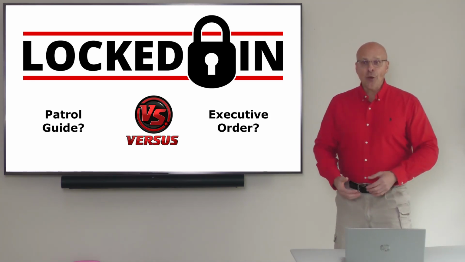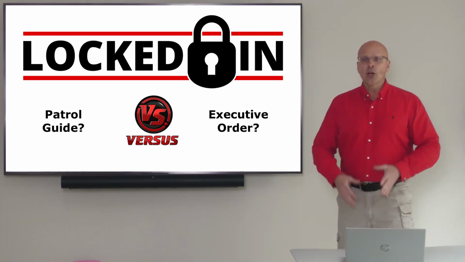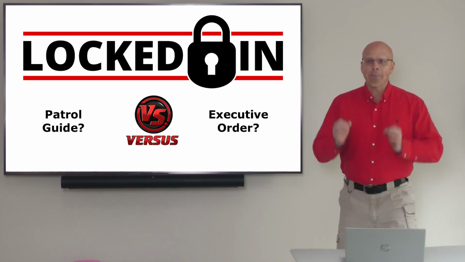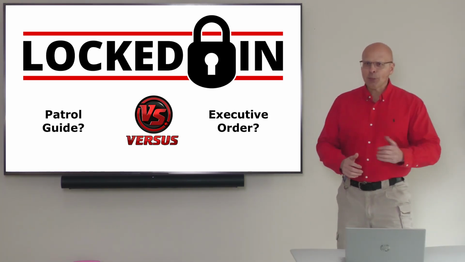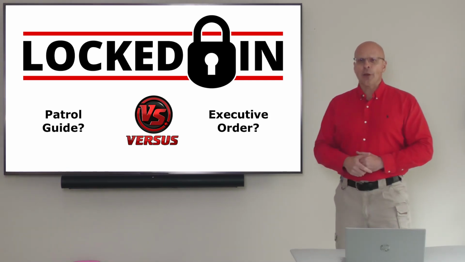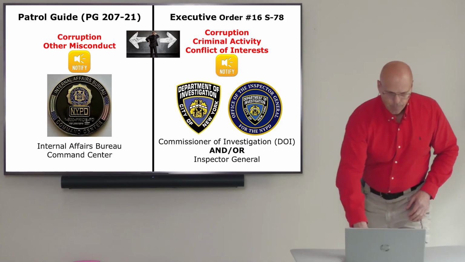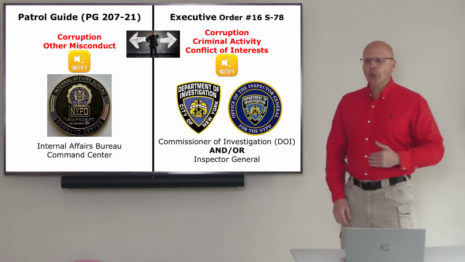And they may ask you, according to Executive Order number 16 of 1978, you have to answer the question based upon the executive order. Doesn't matter what the patrol guide says, they're not asking you about the patrol guide. They lock you into the executive order. So, the problem is about reporting corruption and misconduct.